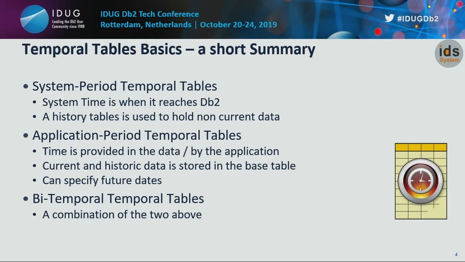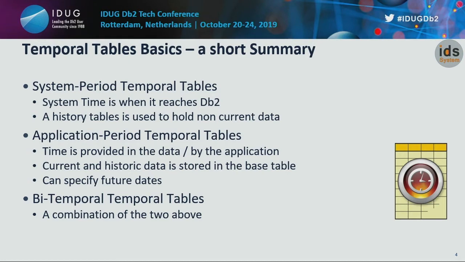Let's say you have a configuration table and you want something to happen on the 1st of next month. You don't have to think about system temporal because Db2 will handle it. Db2 will always handle the time when data arrives at Db2, so there's no way to define any future dates. If you need future dates, it's automatically an application period temporal table.